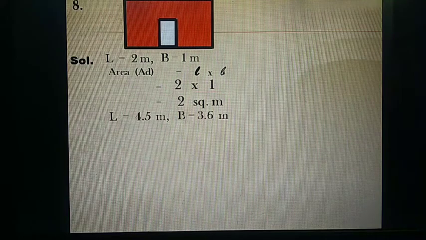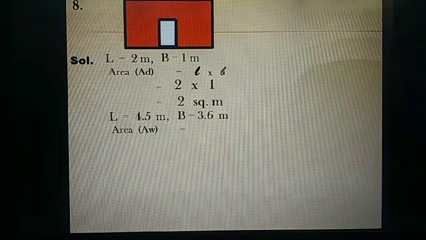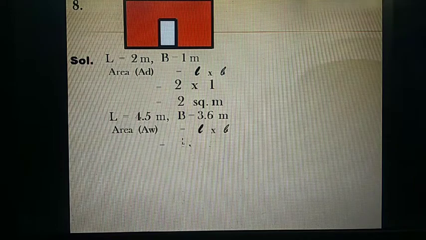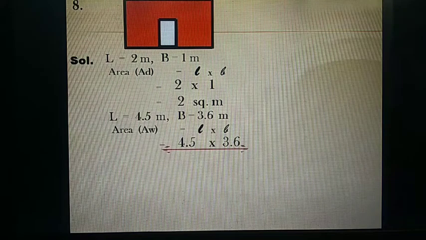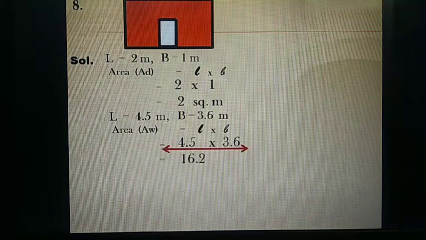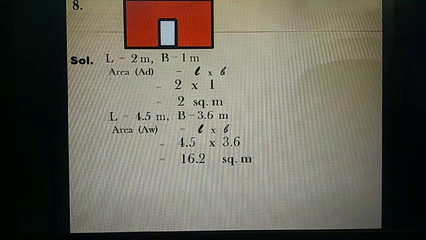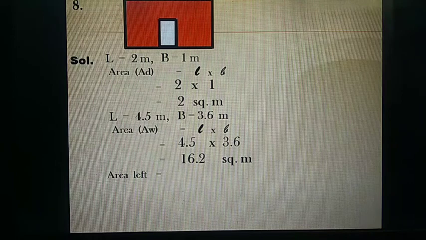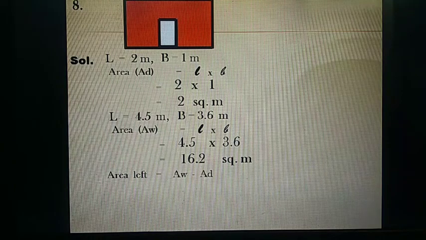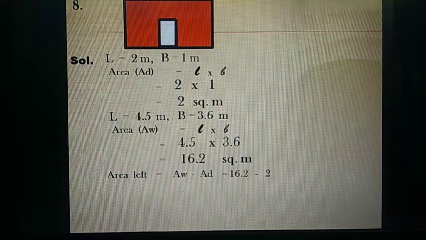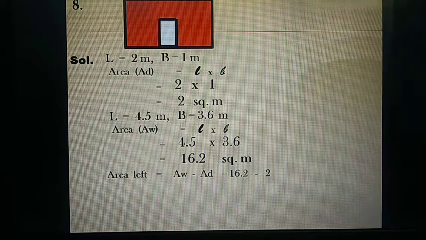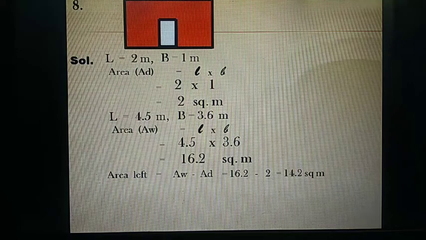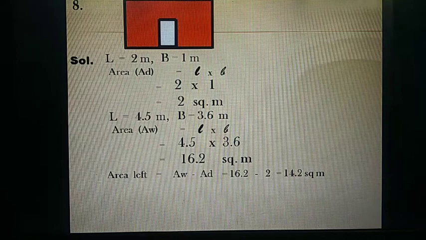Now the dimension for the wall and we will find area of a wall as length into breadth, which means 4.5 into 3.6, that is 16.2 square meter. To get the value of area which is to be whitewashed, we have to subtract the two areas. The values are 16.2 minus 2. Subtracting whole to whole, we will get answer as 14.2 square meter. This is the area which is to be whitewashed.